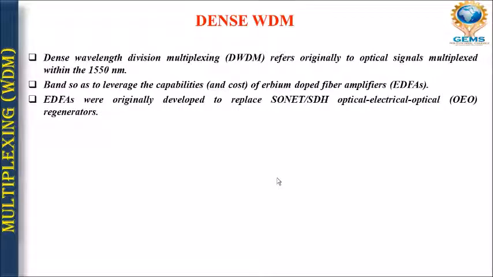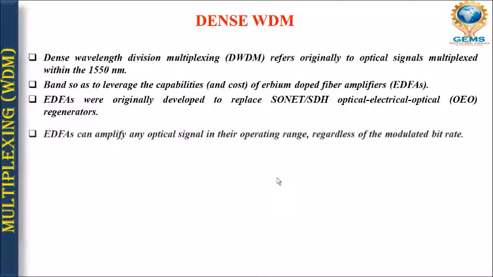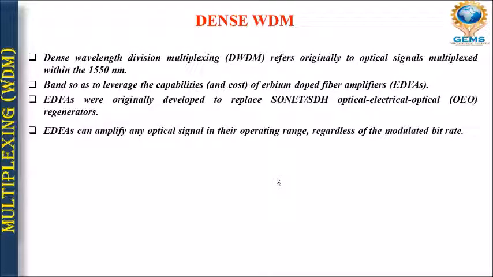These EDFAs were originally developed to replace SONET and SDH, which we have already studied in an earlier multiplexing technique. It is also used to amplify the optical signal in its operating range regardless of the modulated bit rate.